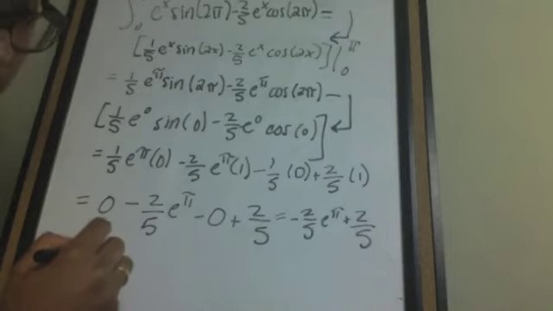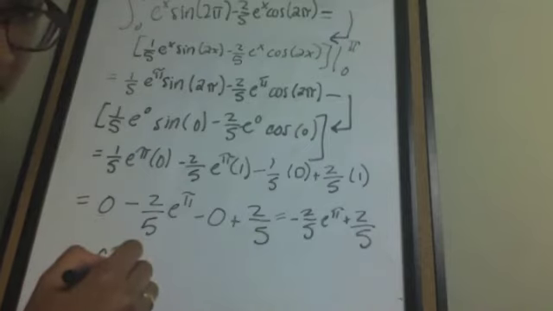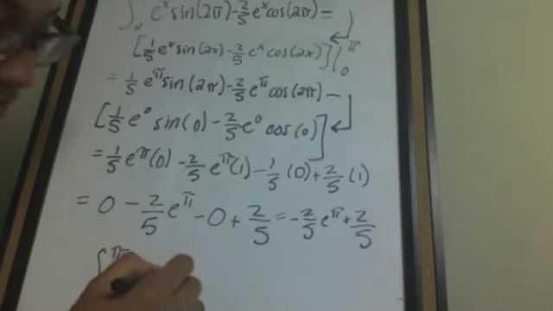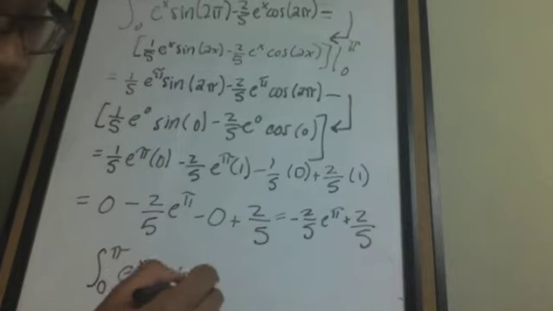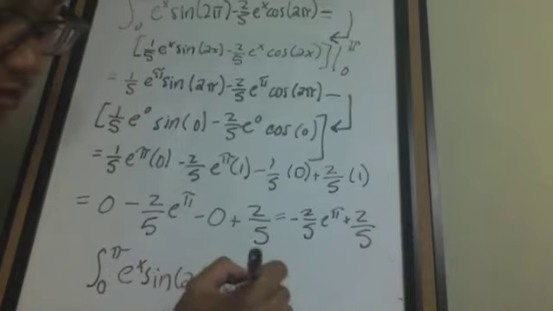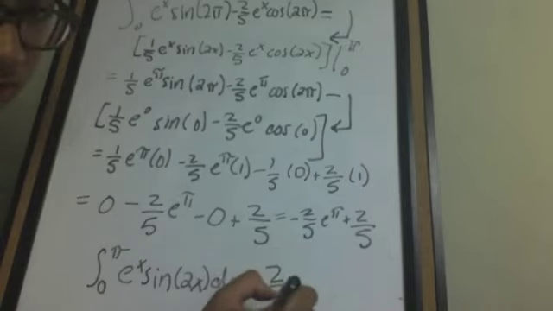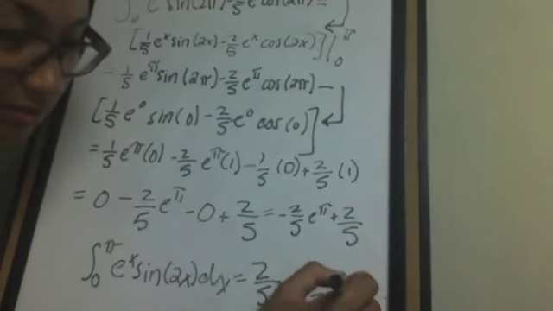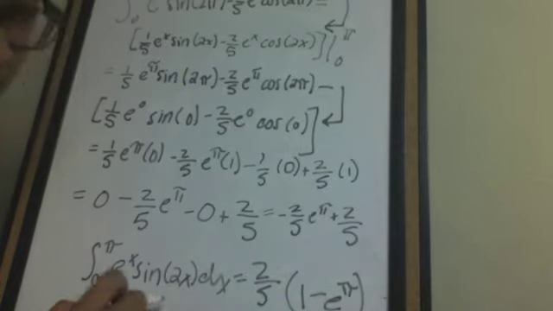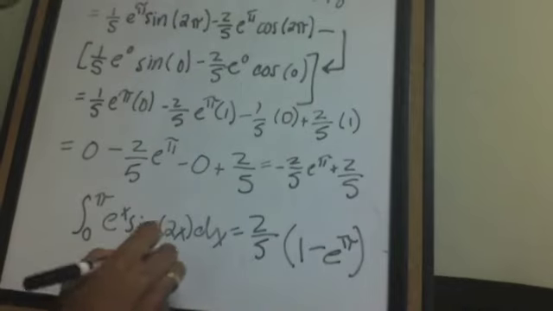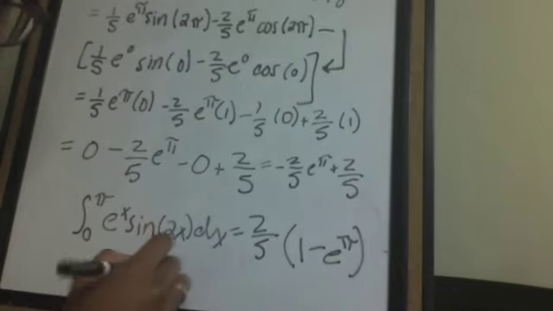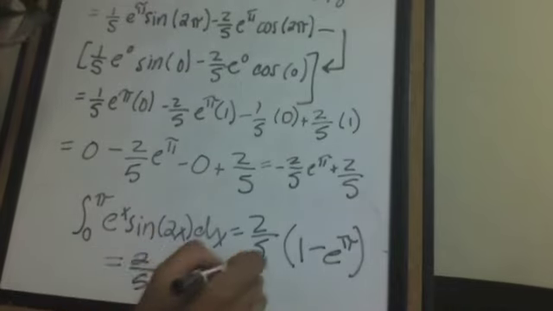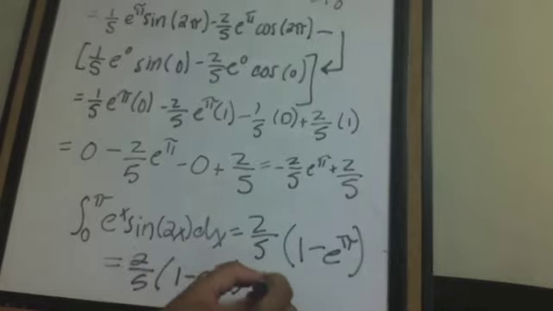Now we have the integral of e to the x sine 2x dx, one more time, equals 2/5 times 1 minus e to the pi. And so our final answer ends up being 2/5 times 1 minus e to the pi.